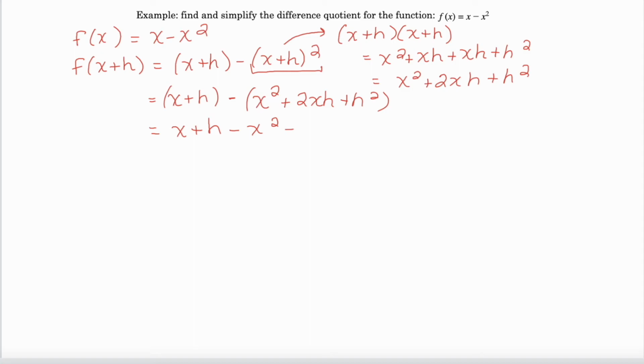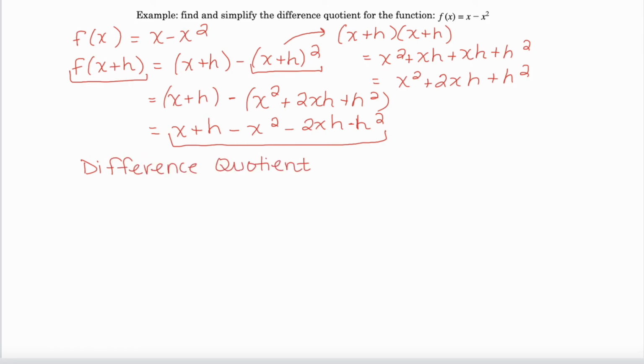And seeing if I can combine like terms, which I cannot. But f of x plus h is in fact all of this stuff. So it will take a little bit of extra work on the side if you have any quadratics that we are working with. The next part is to do the difference quotient then, because we have everything we need.